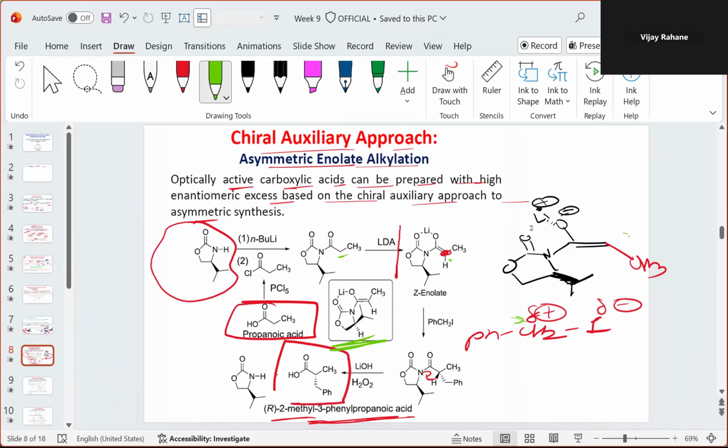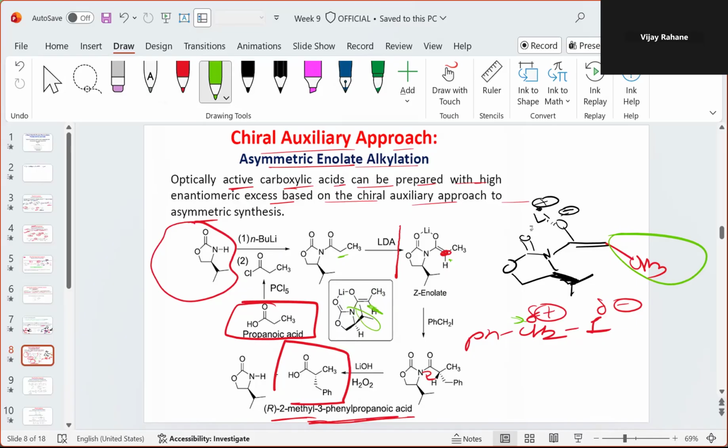I mentioned here that the Z enolate is getting formed as a major product. This is mainly because of this transition state. If you consider the hydrogen and the methyl here, you can clearly see this and this, there will be a gauche conformation.